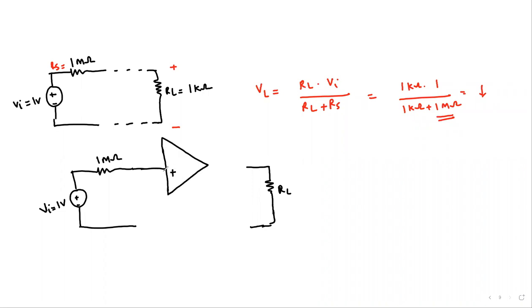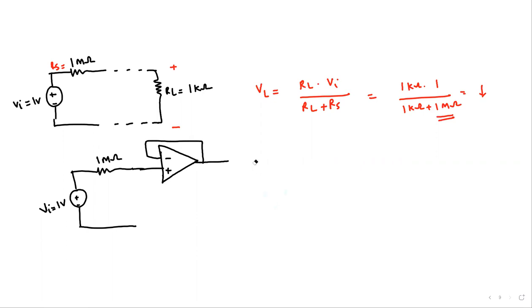Let's draw it properly. This is how we connect it. That's the RL, 1 kilo ohm.